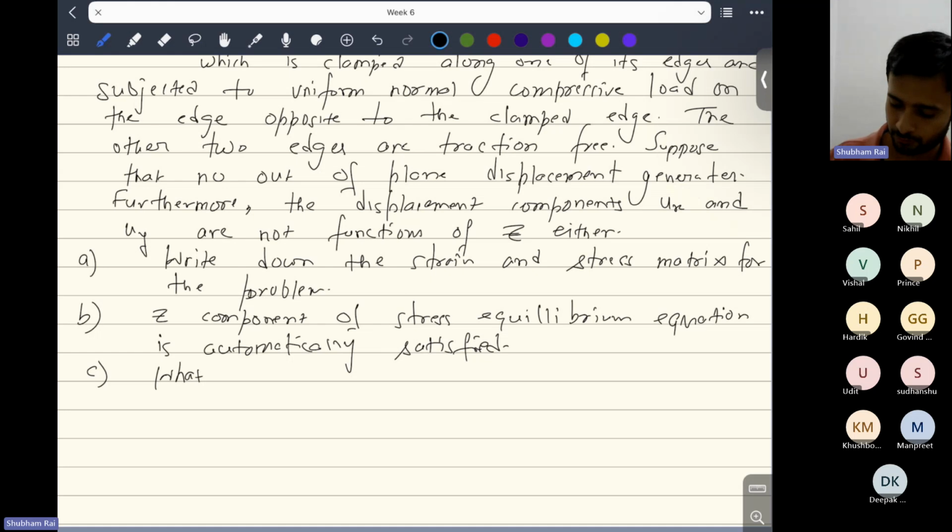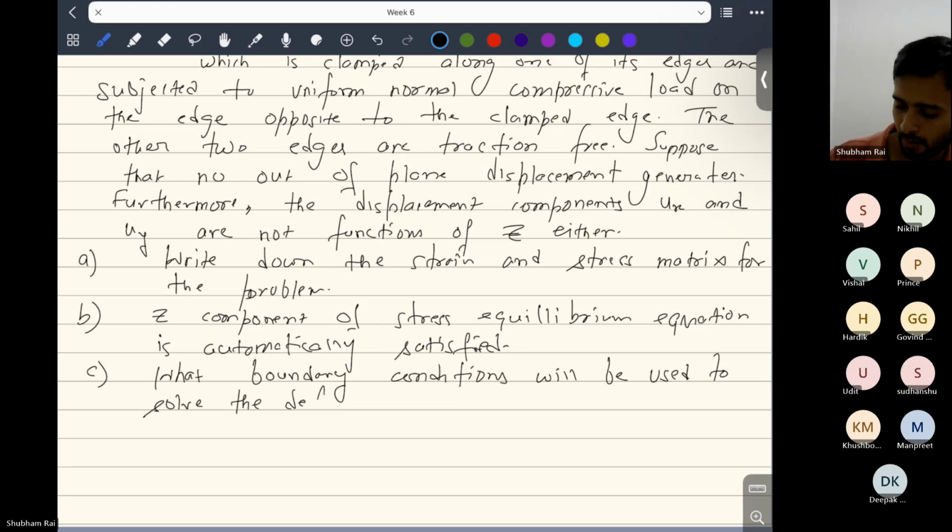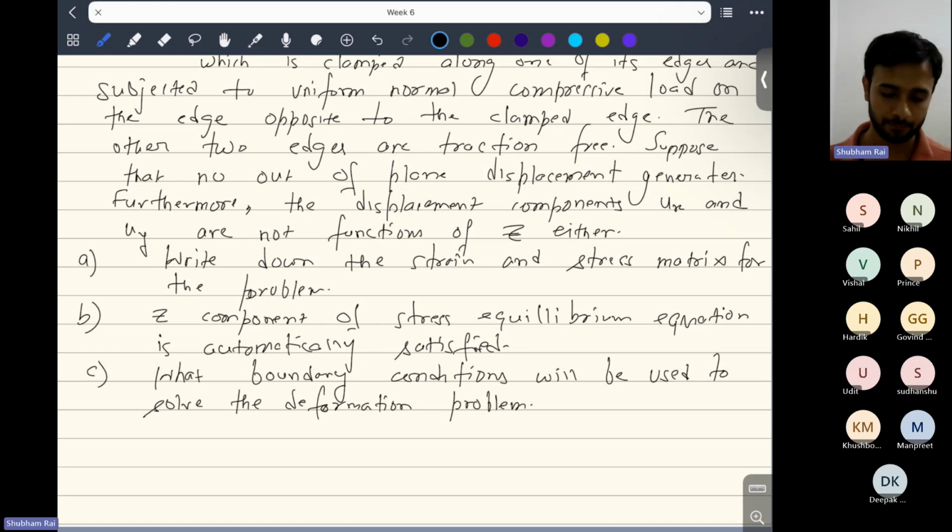You have to show what boundary conditions will be used to solve the deformation problem. Okay.